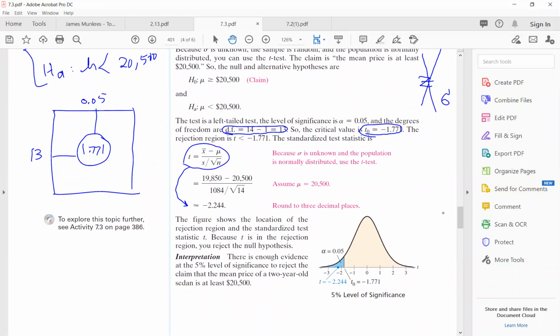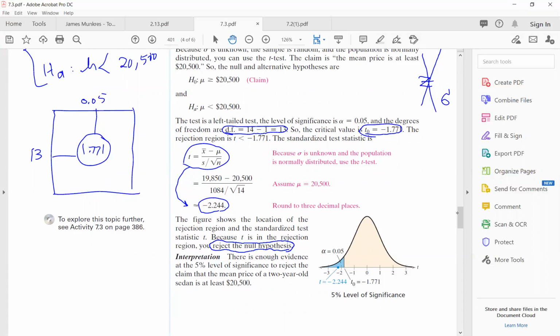Since negative 2.244 is less than your critical value, it's inside the rejection region. It means that we reject the null hypothesis. That's your conclusion. Again, the test statistic, negative 2.244, is less than your critical value, and it is inside the rejection region.